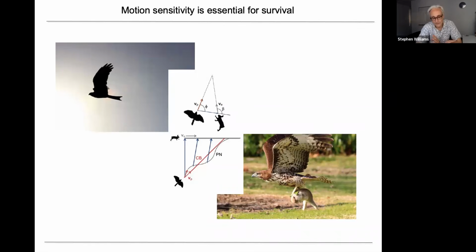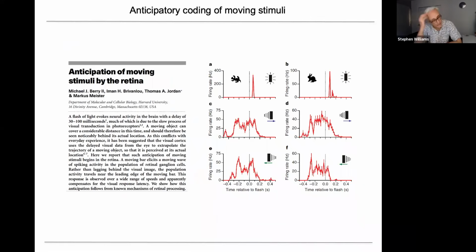Now, hawks obviously strike during the day. If you're looking up at them into the sky, they appear as a dark shadow. So that's a dark signal on a bright background, which would be ideal for generating activity in off retinal ganglion cells.